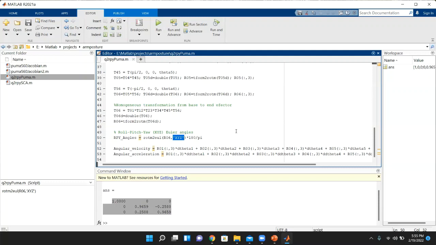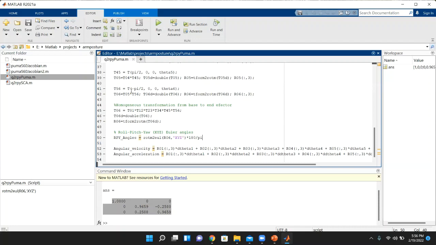Because you know, you can achieve the same orientation going through different rotation sequences. You don't have to go through XYZ all the time, or ZYX, or whatever it is. You have to ask MATLAB which is the configuration you want the angles in, right? And after that, I have put here to convert radians to degrees, so that we can see it easily.